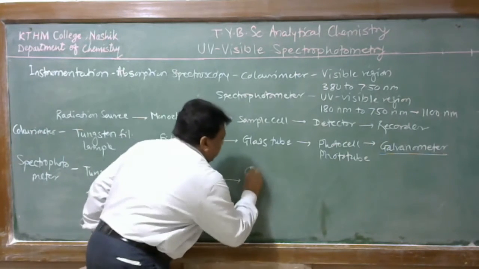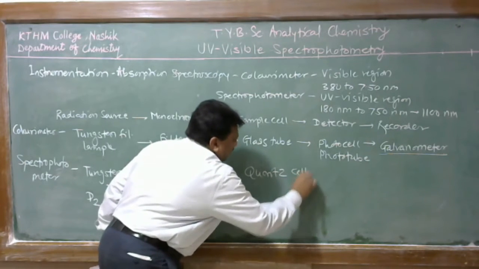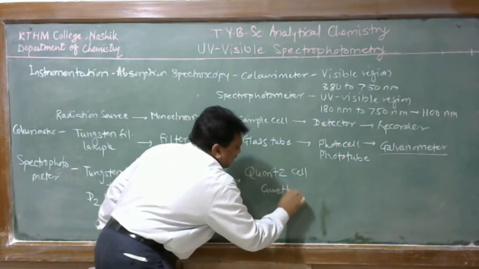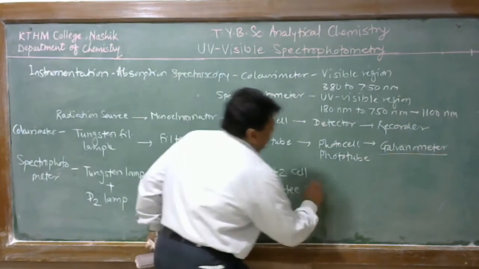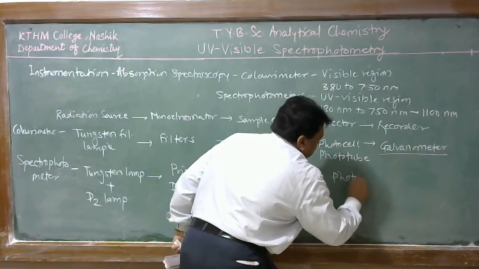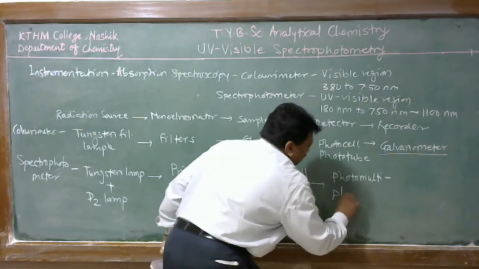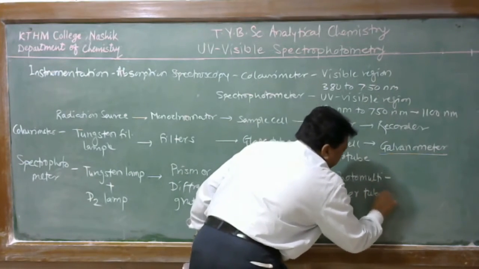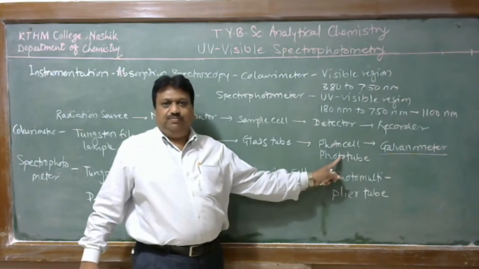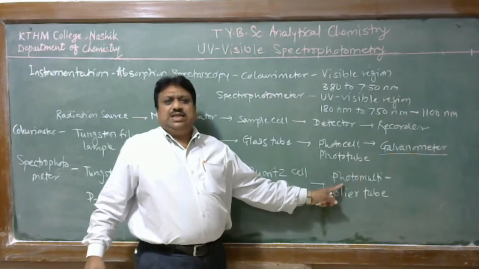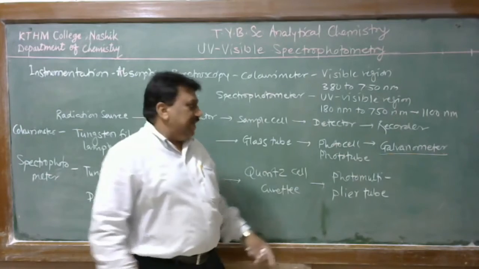Therefore, here a quartz cell or a cuvette can be used as a sample cell, and here the detector is a photomultiplier tube. This photomultiplier tube is more sensitive than a photocell and phototube, because very weak intensity of light can be measured by this photomultiplier tube.